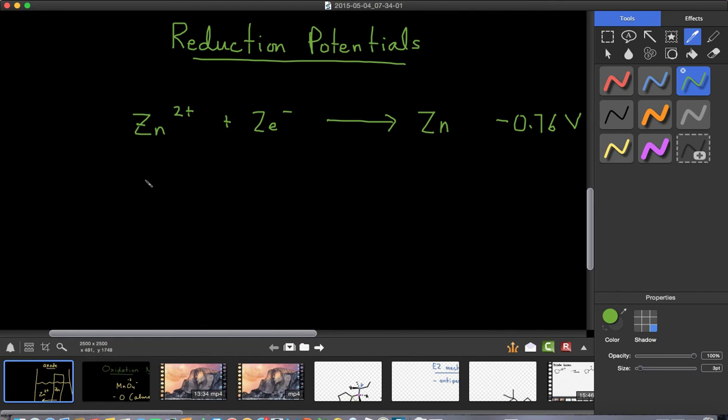The other half reaction is fine just the way that it is, because copper 2 plus indeed was reduced to copper, and it has a reduction potential of plus 0.34 volts. So we flip equation 1 and flip the sign and then add them together and you get 1.10 volts.